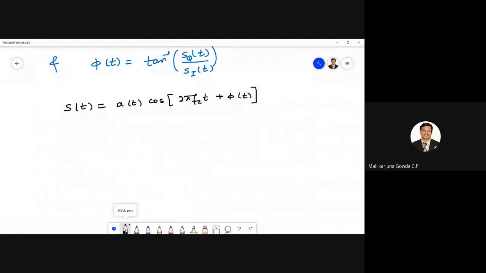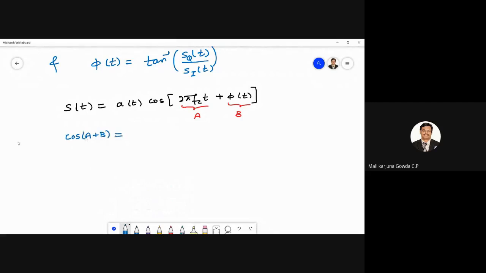I can treat this as A and this one as B. And you all know what is cos(A+B). Just quickly expect the answer, they are all basic things.